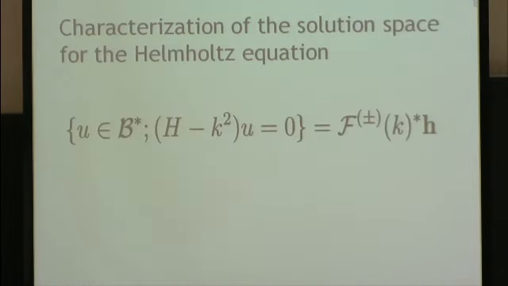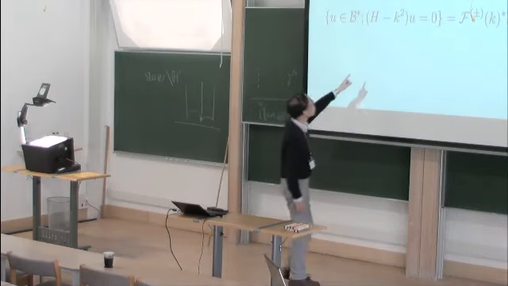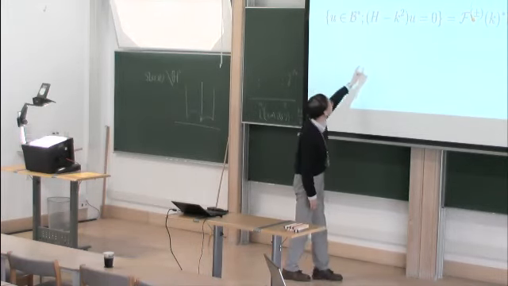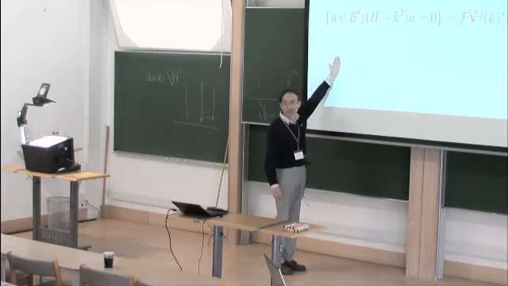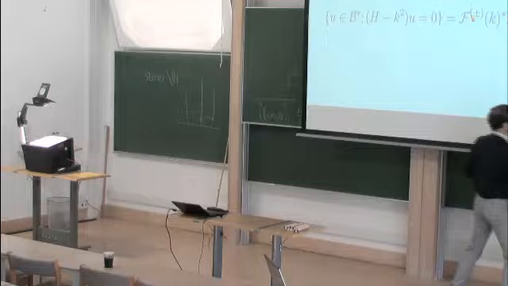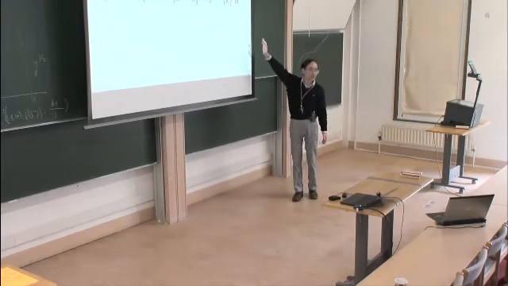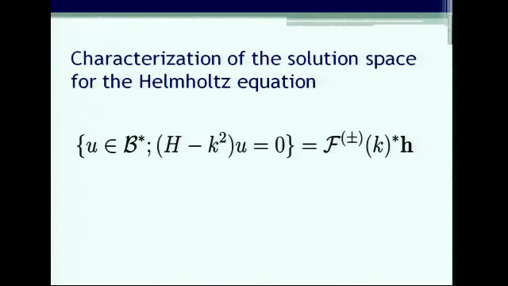And this space B star is very important because it characterizes all physical solutions of the Helmholtz equation. Namely, the solution of the Helmholtz equation sitting in this space B star is written by the image of L2 functions over this manifold at infinity by this Poisson operator. So this space B star characterizes all the physical solutions of the Schrödinger equation.